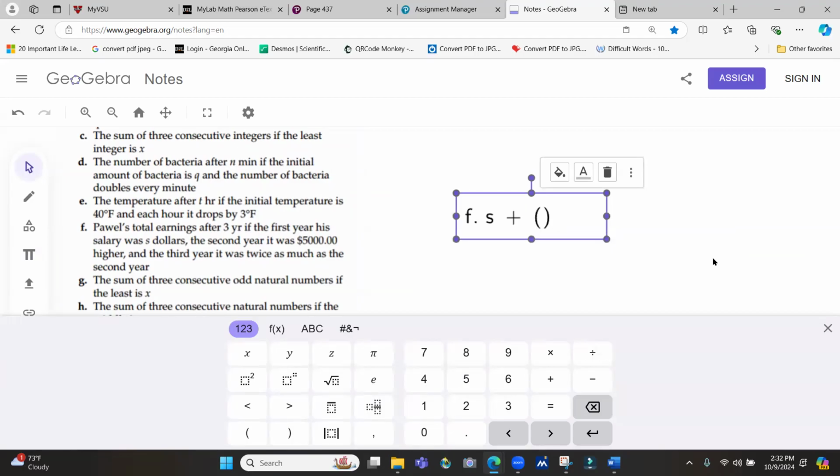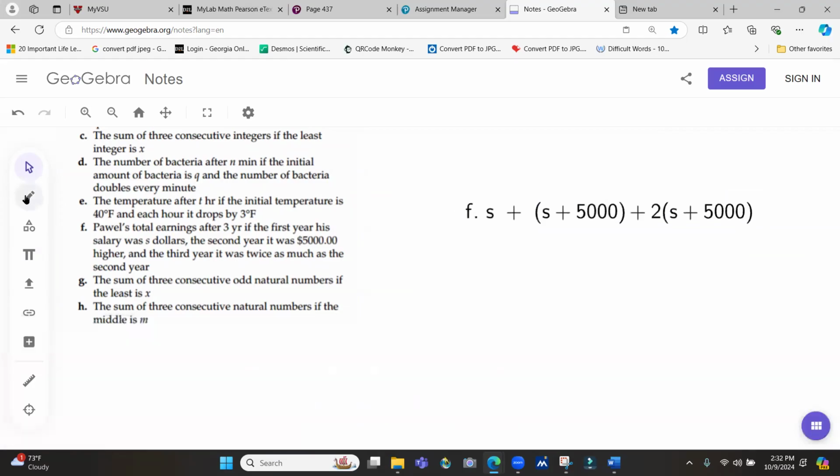Next year, whatever he made the first year, he made $5,000 more. And the third year, he made twice as much as the second year. So I'm going to take the second year's money and multiply it by 2, and that's going to be my third year's money. Again, this is his first year's salary, second year's salary, third year's salary.